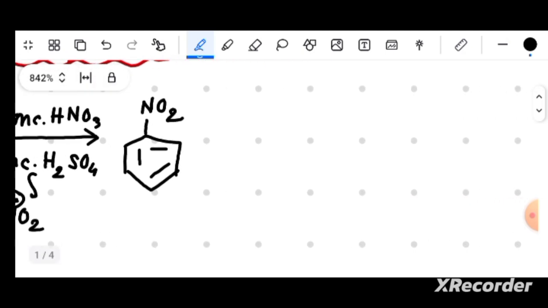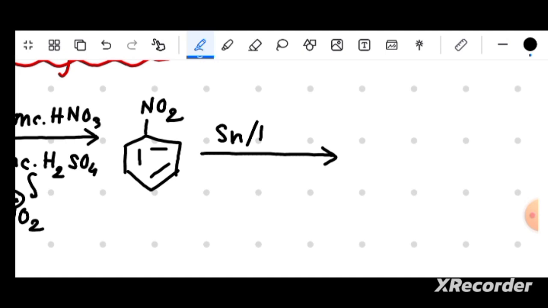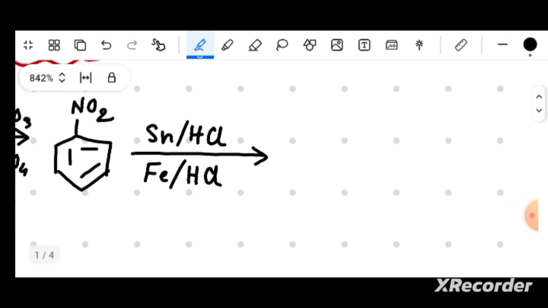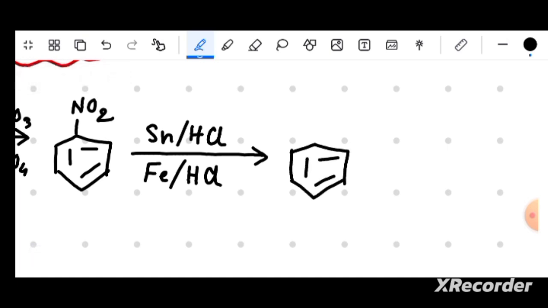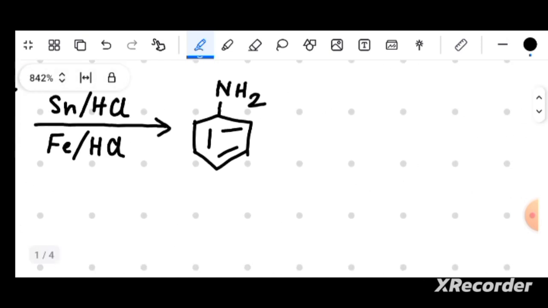From nitrobenzene you will use a reducing agent like tin, HCl. We will use tin and HCl or Fe and HCl. Anyone you can use. So this transforms it into aniline. Aniline is nothing but a primary aromatic amine.